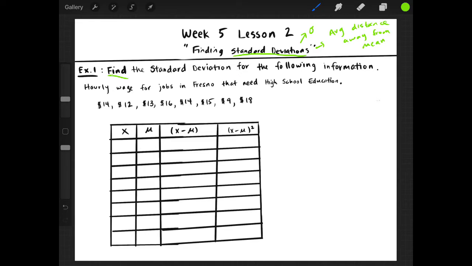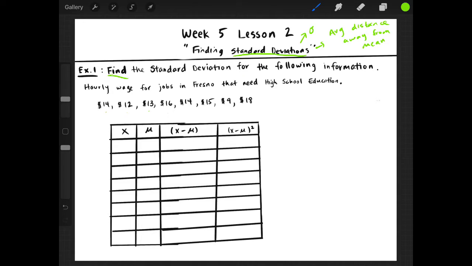The hourly wage for jobs in Fresno that need a high school education and no extra experience, or just your GED: you can get $14, $12, $13, $16, $14, $15, $9, and $18 an hour.